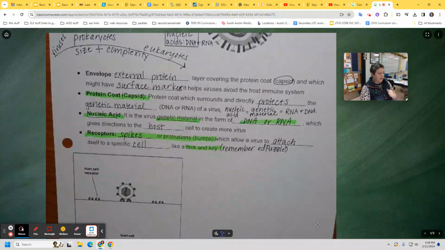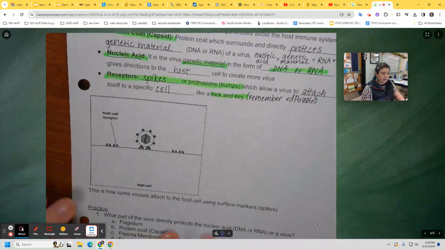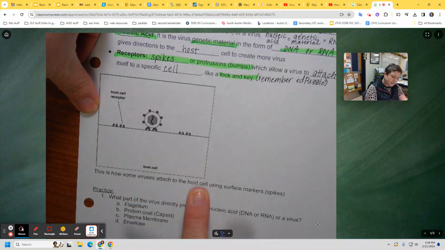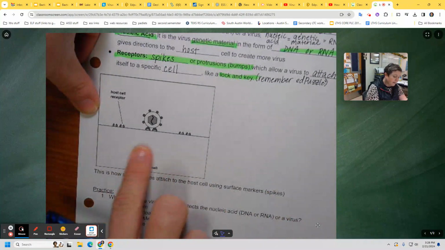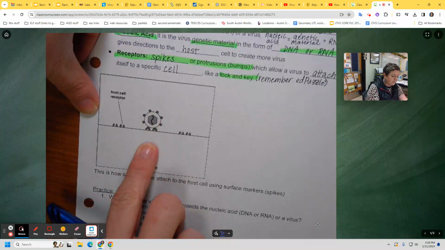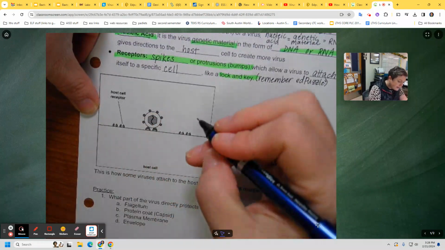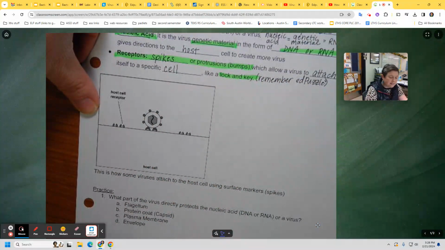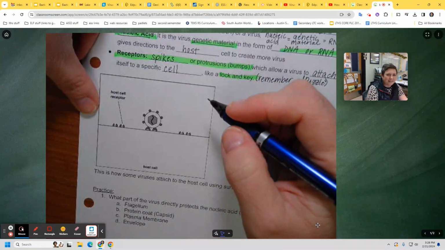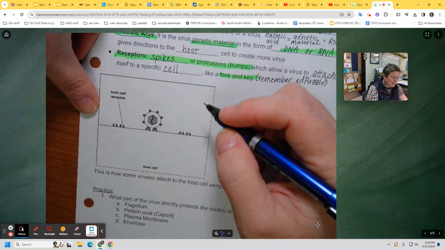All right. This picture right here is how some viruses attach to the host cell using surface markers or spikes. Okay, so here's the host cell. It's very large compared to this virus. And then here is, remember when we talked about enzymes and we said it was like a lock and a key? It's the same thing here. Isn't biology cool how we just keep talking about the same kind of concepts?